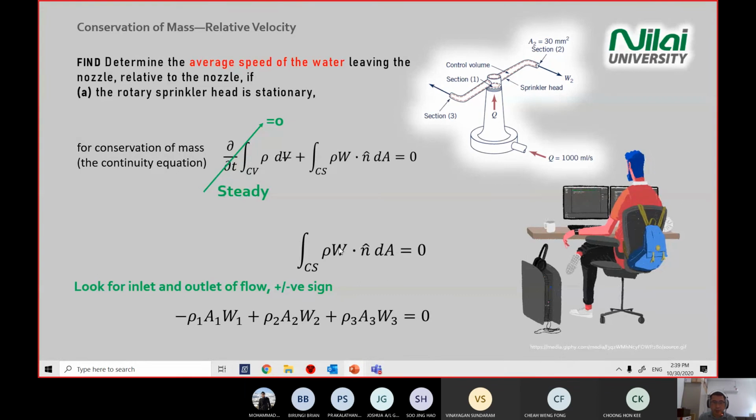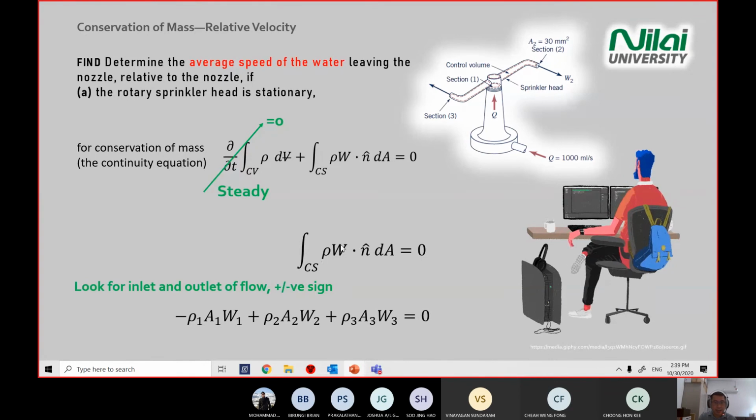So we need to use W, the relative velocity. In the exam, if you write the wrong notation, you also get the wrong marks, so you need to be careful when you apply the equation.